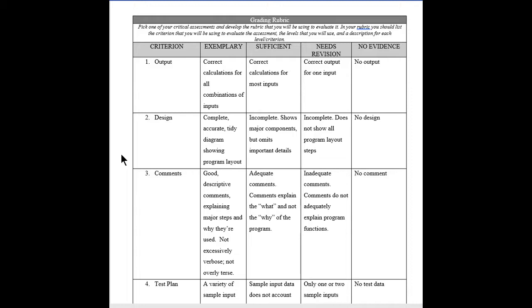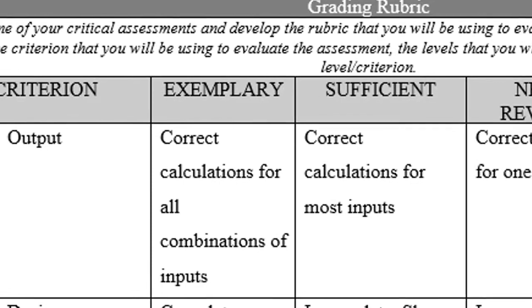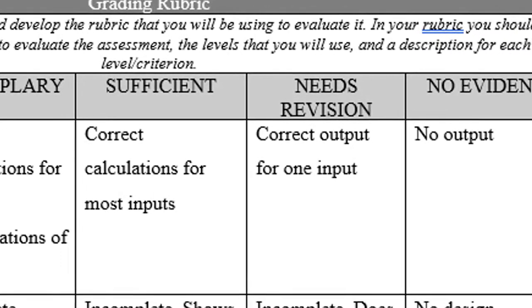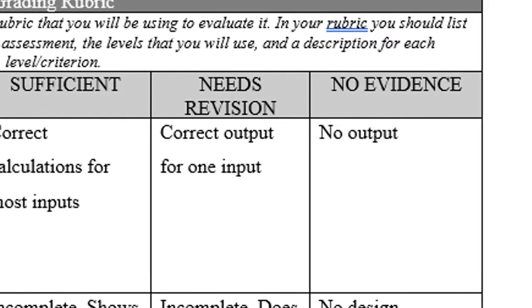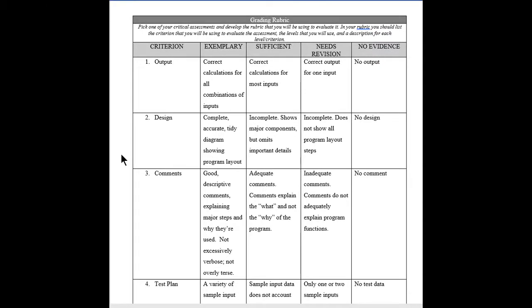In any type of rubric, you have a scale, in this case columns. From the left is exemplary and to the right is no evidence, and you can assign different point values depending on your needs, but the idea is exemplary earns more points, the no evidence earns 0 points, and the others something in between. The rows of this rubric then are the individual criteria. Each criterion has a name and then a brief statement explaining what kind of performance would merit that type of rating.